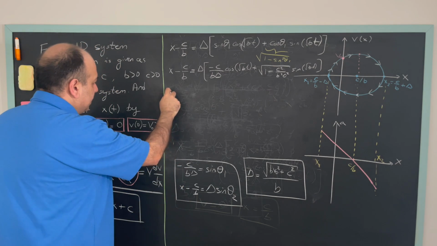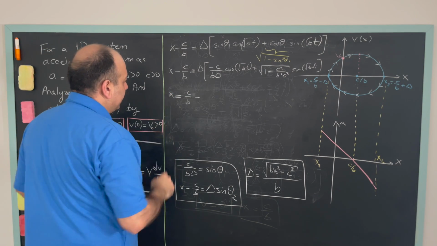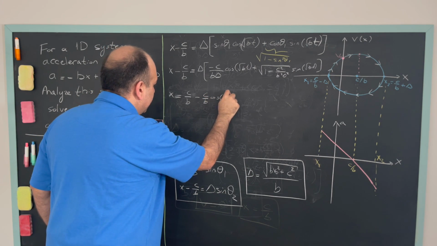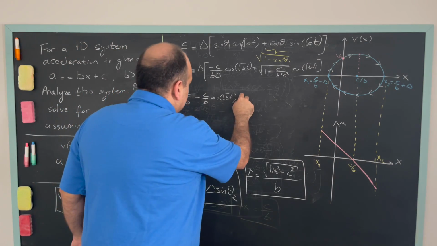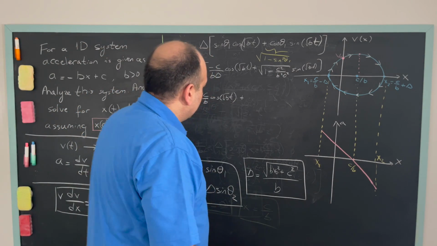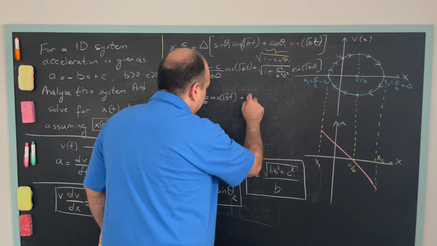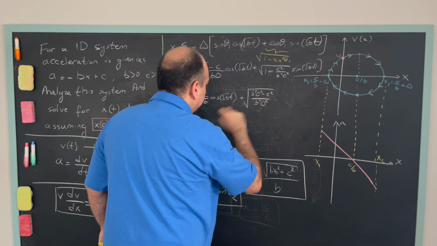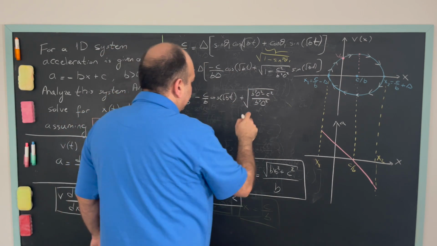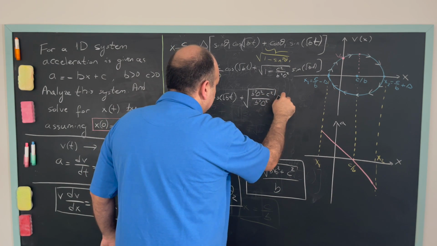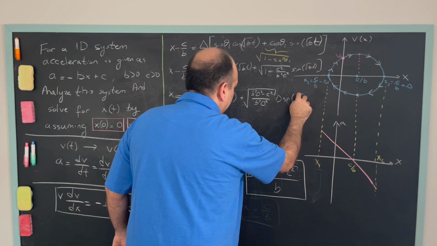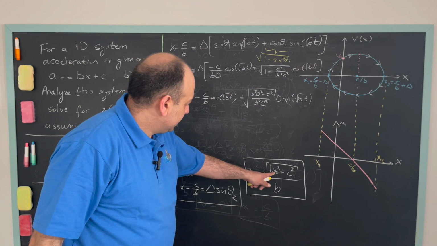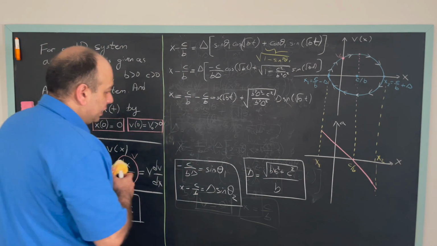Now we can write x is equal to c over b minus, so delta delta cancels, this is another c over b cosine of square root b times t. Then plus, this term is nothing but square root of b squared delta square minus c square over b squared delta square, times I have one more delta here. So times delta sine of square root b times t. So if I look at here, b squared delta square minus c square is simply equal to b times v naught square, right?